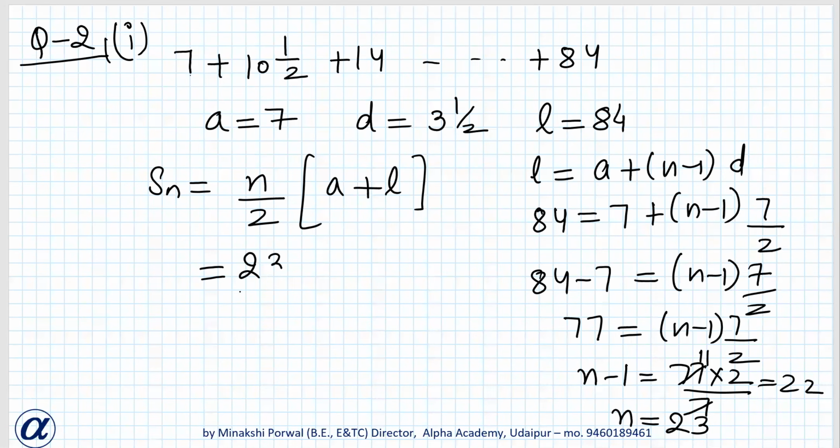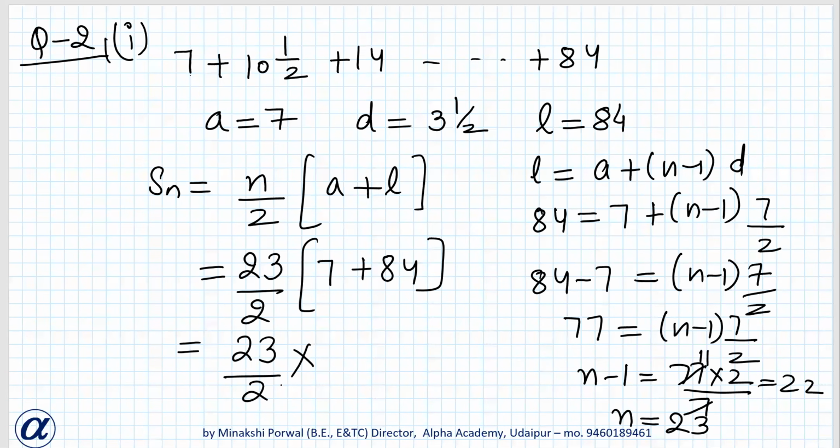Now we'll use the formula 23 by 2. A is 7 and L is 84. So 23 upon 2 into 84 plus 7, 91. So 23 into 91 divided by 2.